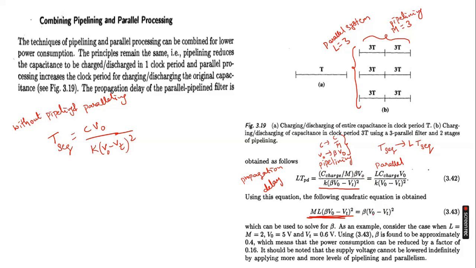So now, in this equation, we have supply voltage 5 volts and threshold voltage 0.6. Okay. And M value 2, because we are dividing the horizontal into 2 halves.